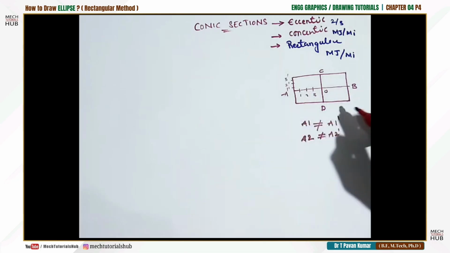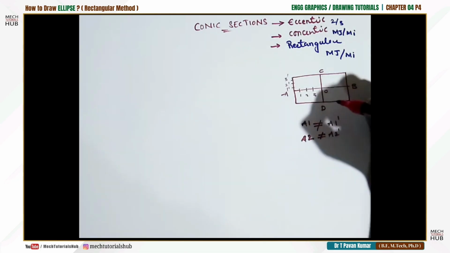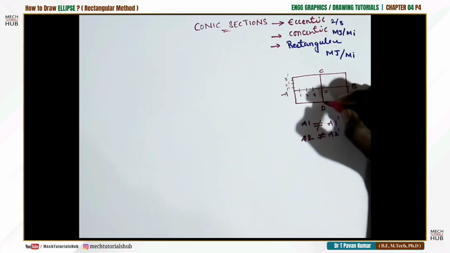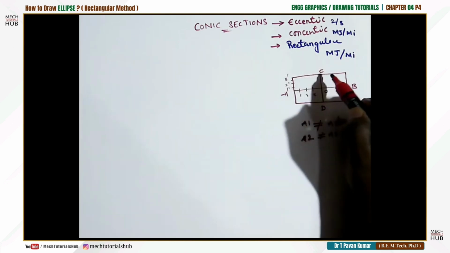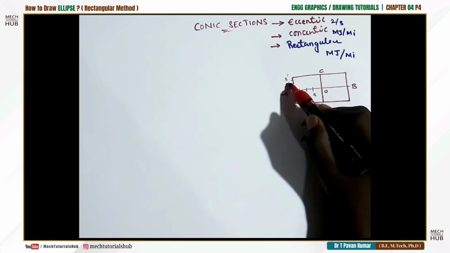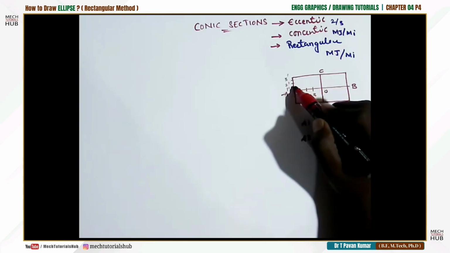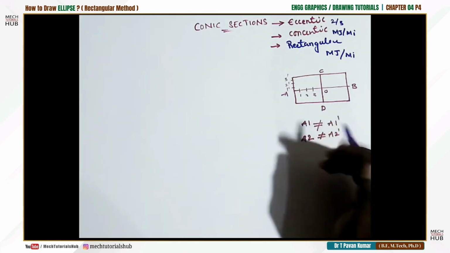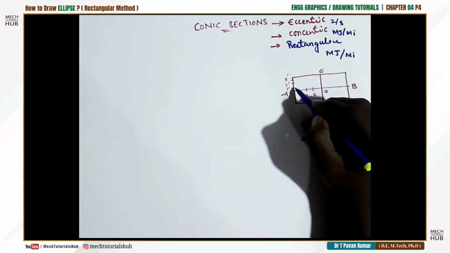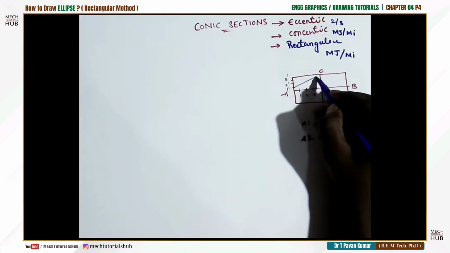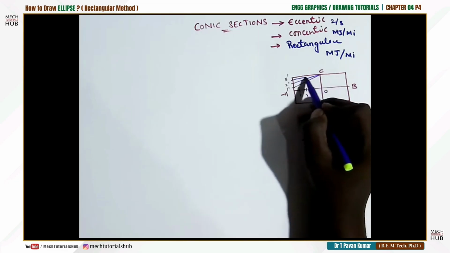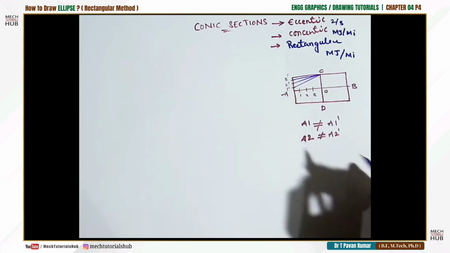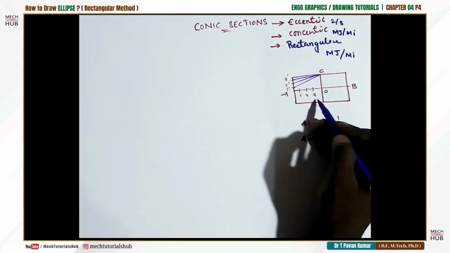Now after these divisions, try to join with the help of a drafter or a scale. I'll join 1 prime, 2 prime, 3 prime with C, something like this. The complete construction has to be done with a 2H pencil only. 1 prime with C, 2 prime with C, 3 prime with C. Once this is done, draw a straight line passing through D1, D2, D3.